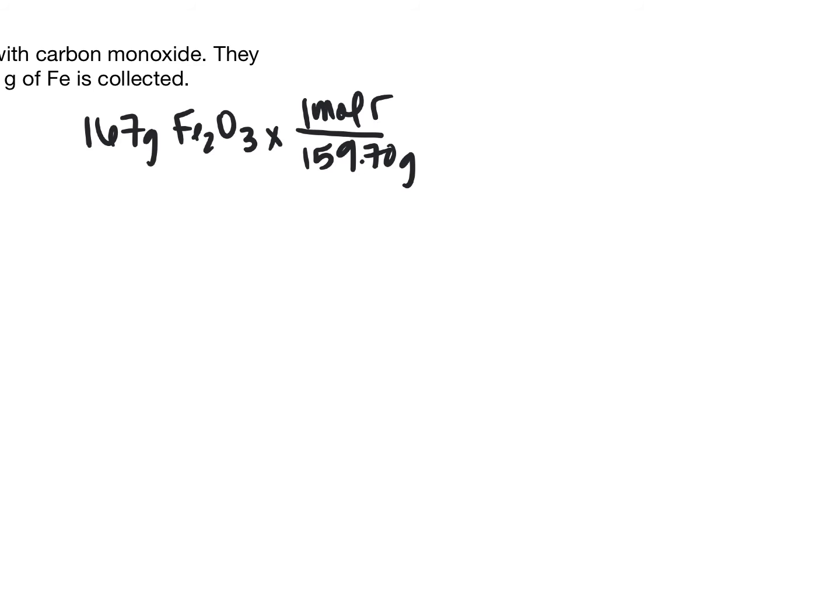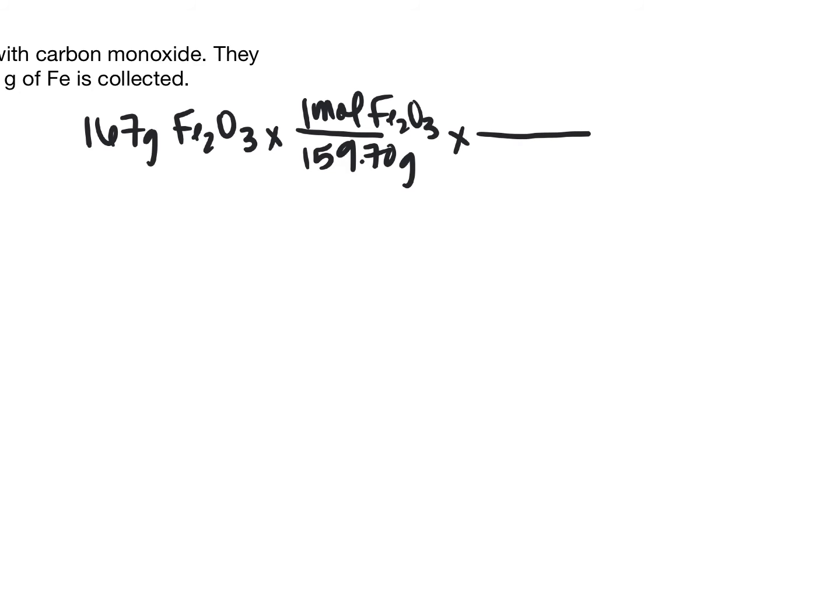So we're going to take our 167 grams of Fe2O3, and I'm going to convert that into carbon monoxide. So there are 159.70 grams in 1 mole of Fe2O3.